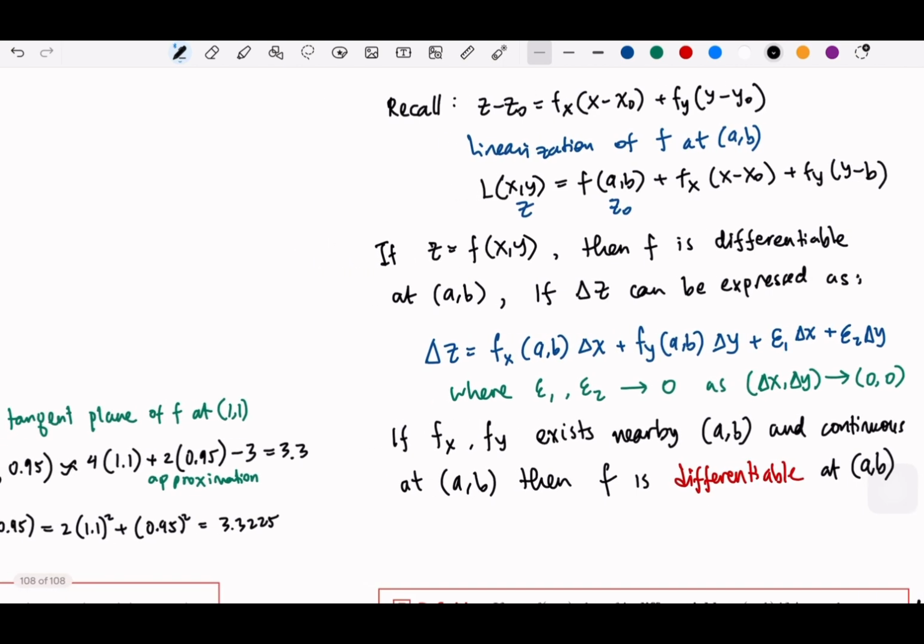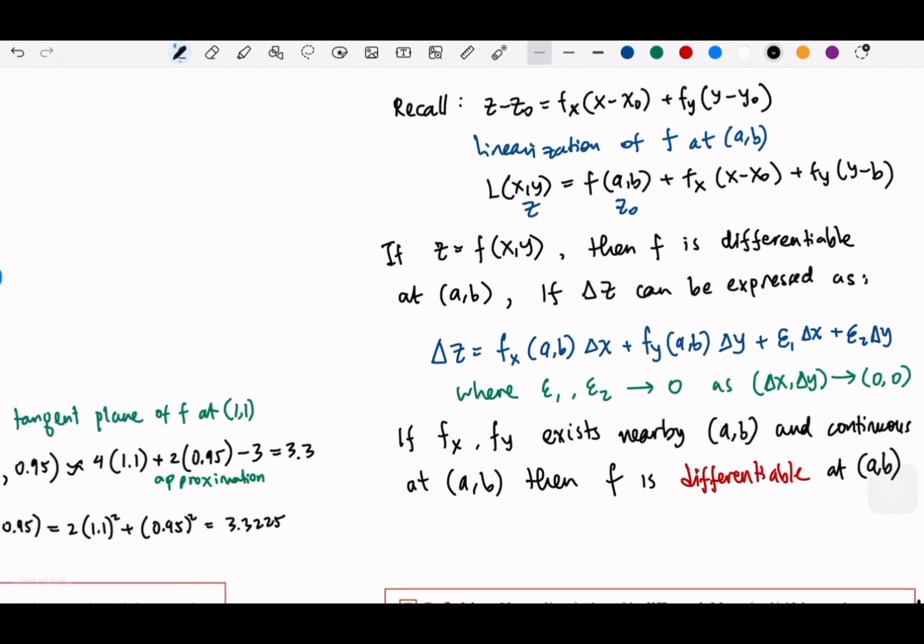Okay, this is the complete definition for differentiable.